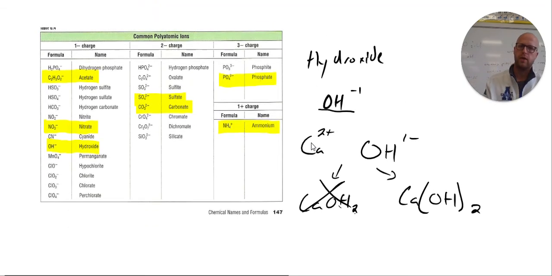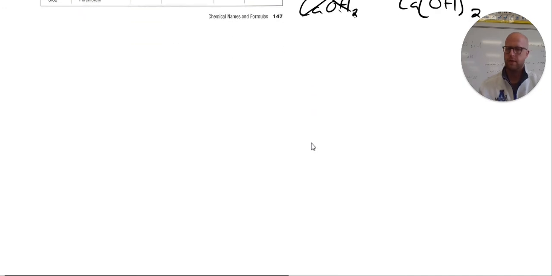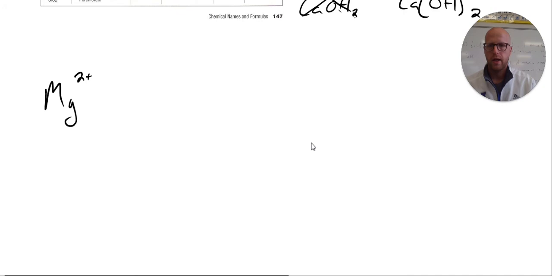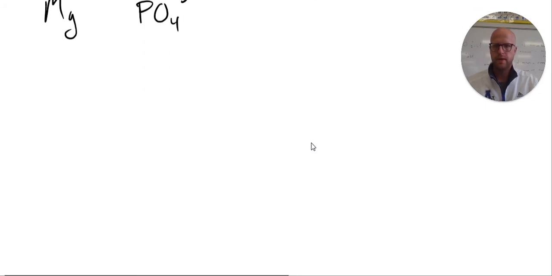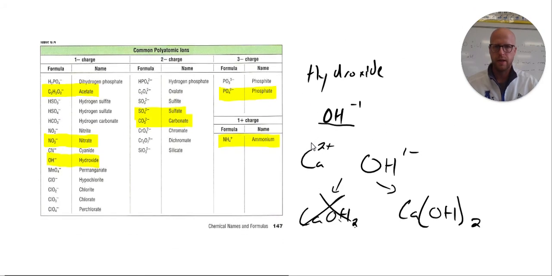Let's take one more look with polyatomic ions. Let's say I have magnesium. Magnesium is an alkaline earth metal, has 2 valence electrons, so it's going to go to +2. And let's say it pairs up with phosphate. Phosphate is PO4 with a 3-. Again, that's one of those polyatomic ions I highlighted up here.